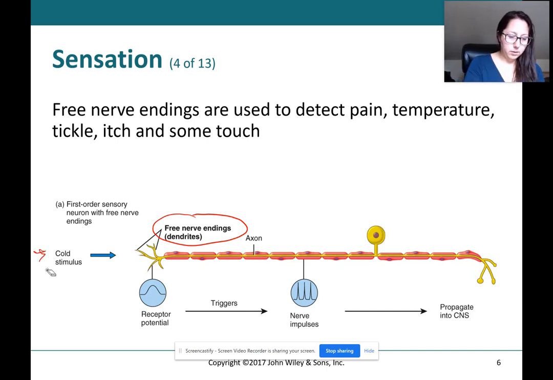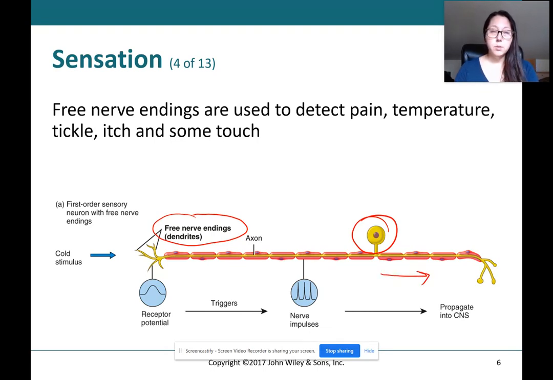They're sensing temperature. So, of course, we've talked about dendrites before and what their function is. They're going to generate graded potentials, and then the cell body is going to decide whether to generate an action potential to the central nervous system, which results in sensation.